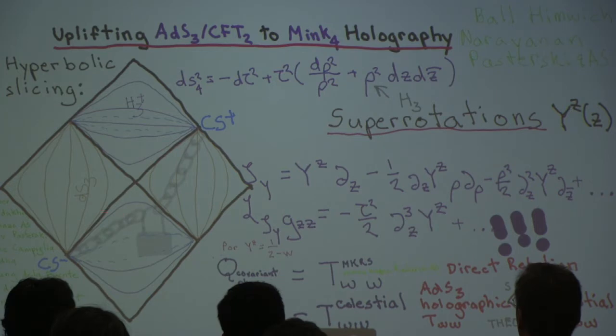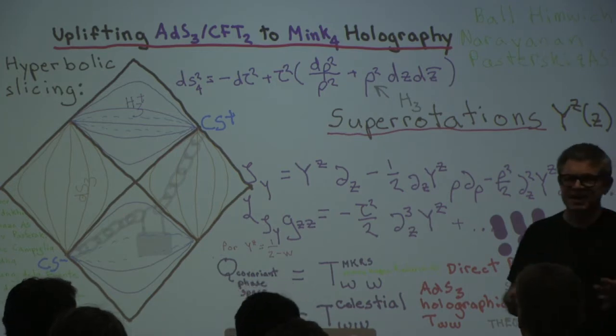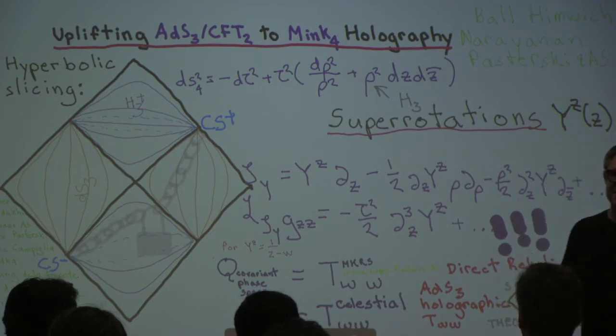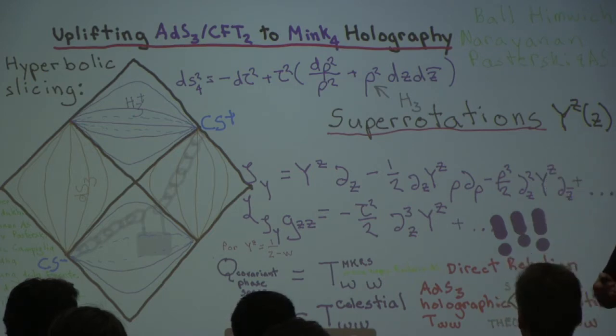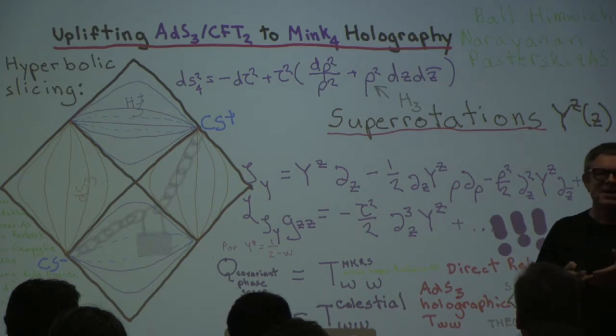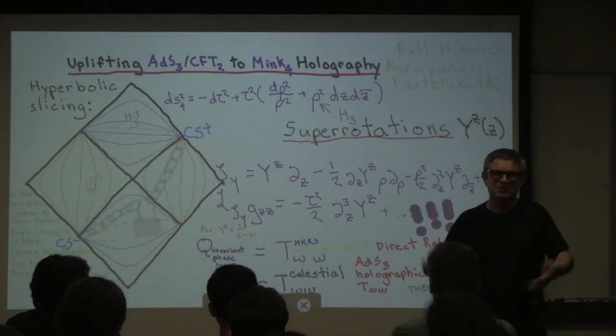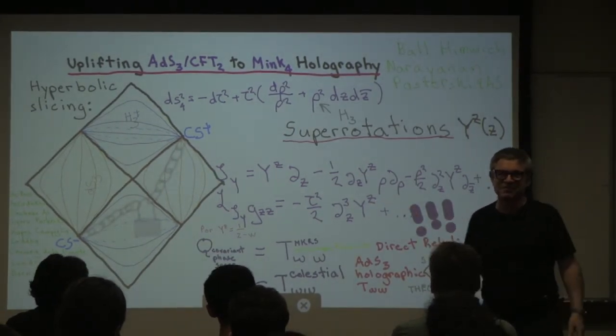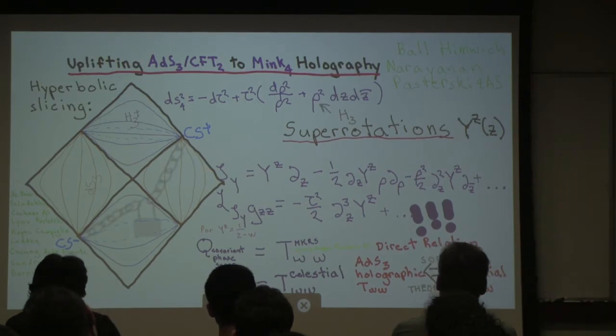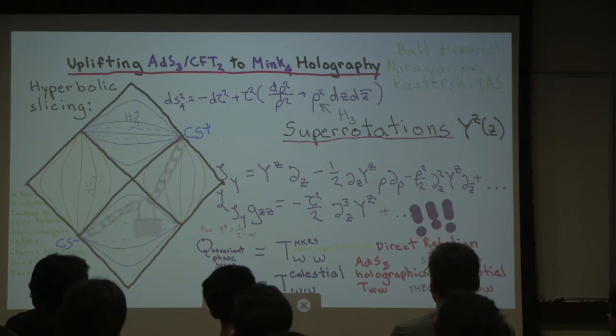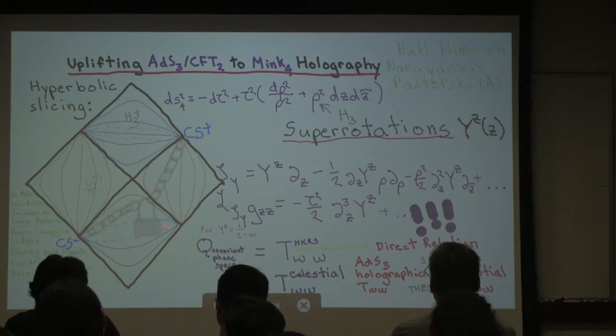You can formally write Minkowski space as a non-compact compactification down to ADS3. If you compactify on a non-compact extra dimension, instead of having a discrete set of modes, you have a continuum of modes. But you're free to rewrite things in that way. They said, let's think of a theory on ADS3. So what? We've got a continuum of modes. We should still have a conformal group. And they had two conformal groups, one in the past and one in the future.